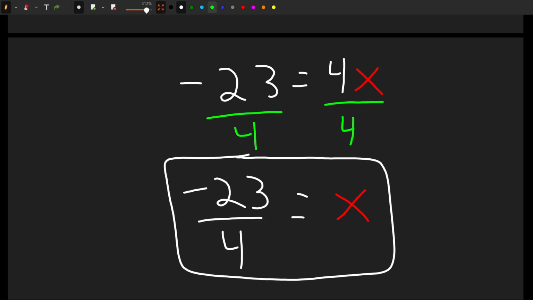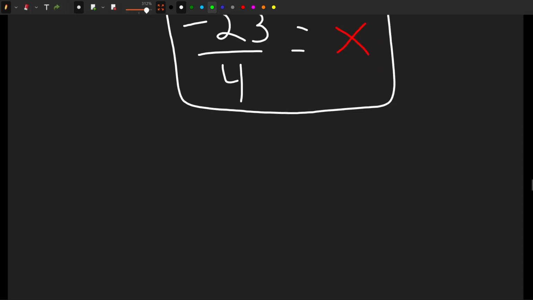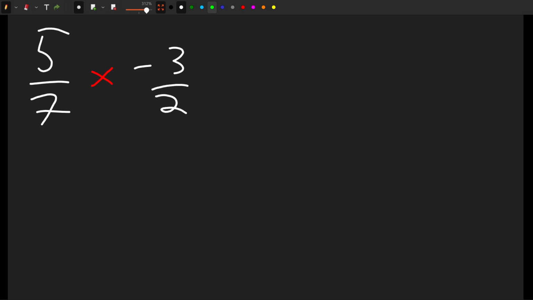All right. Last thing that I need to do is I just need to check this solution by plugging in negative 23 over 4. And so I'm just going to copy exactly the problem that I was given, which is 5/7 x minus 3/2 is equal to x plus 1/7.